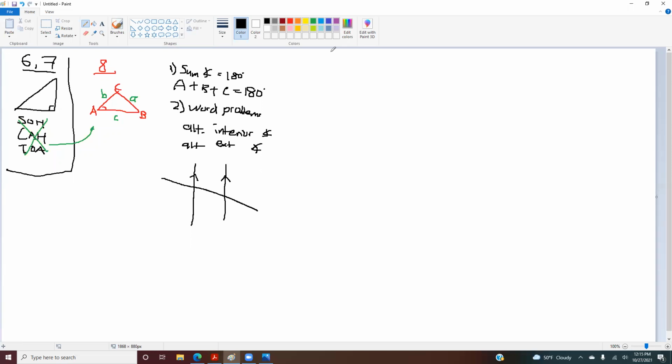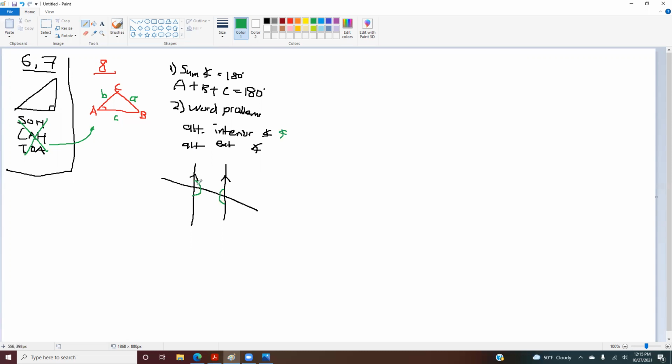you will find yourself having angles formed. Interior means it's inside, so you will have the green ones. These are what we call interior angles. Alternate means that if you have one on the top, the other one is on the bottom on the other side.